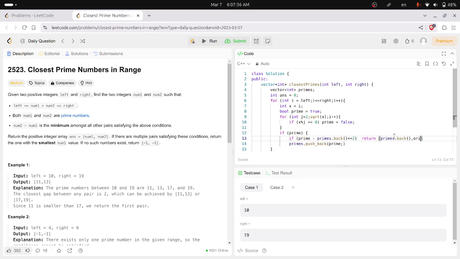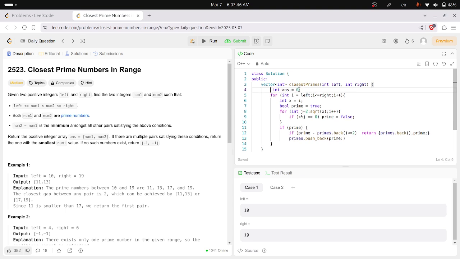So instead of keeping a vector, I think I can keep just an integer variable named last prime. Okay, last prime.